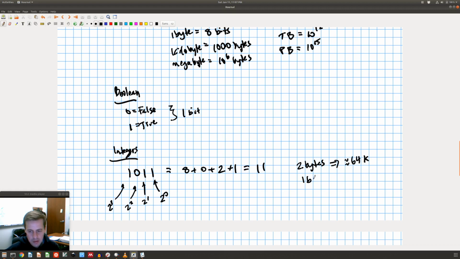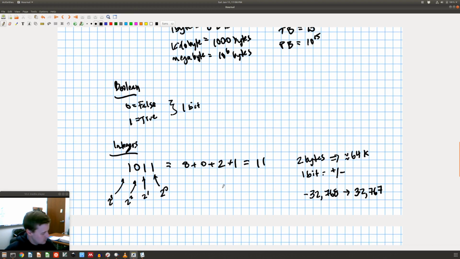You would need 1 bit to record a plus or a minus. So you would have something like minus 32,768 up to 32,767 for a 2-byte integer. So that's how integers are stored as binary numbers.